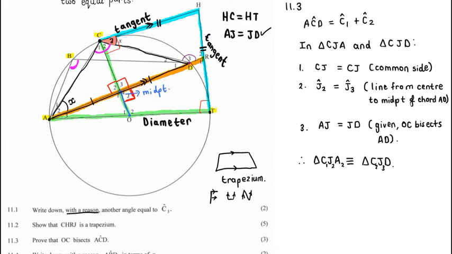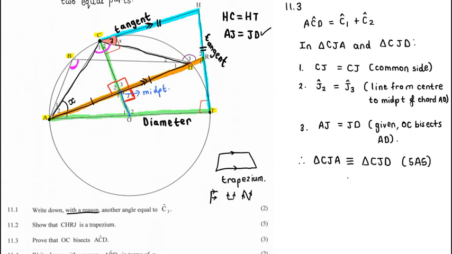I can't write 1 and 2 here, but I can see that the order of my letters is absolutely correct. What is missing here? It's just my reason, side, angle, side.